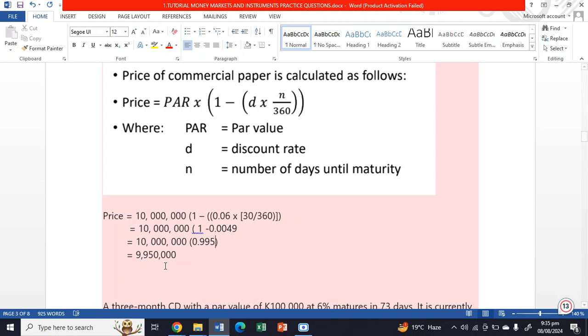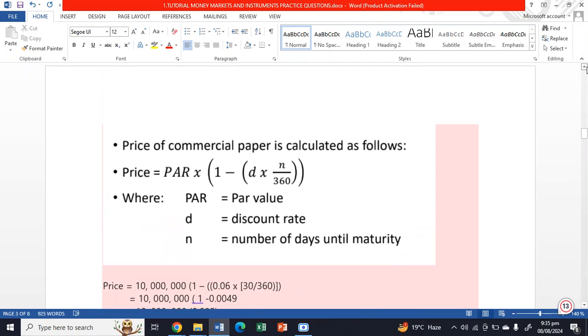So what happens is the company will issue this commercial paper. You purchase it at this 9,950,000. Then after 30 days, the company will pay you back 10 million, which is the par value.